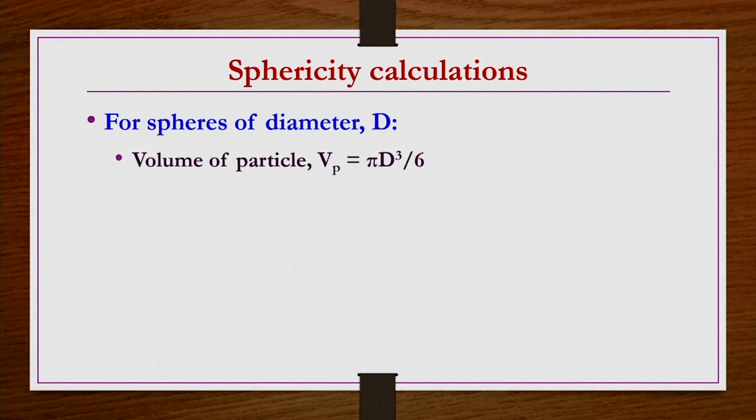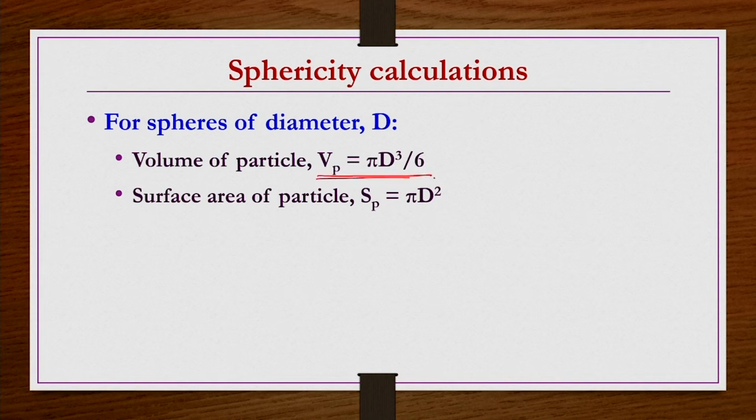It is pi d cube by 6, and the surface area of this spherical particle is pi d square, right. Then the equivalent or nominal diameter dp you have to find out. How do you do that? You equate the volume of this particle to the volume of a spherical particle whose volume is the same as the volume of the particle, right.